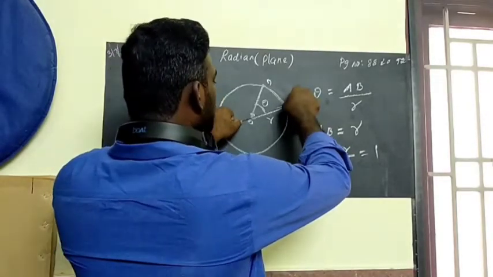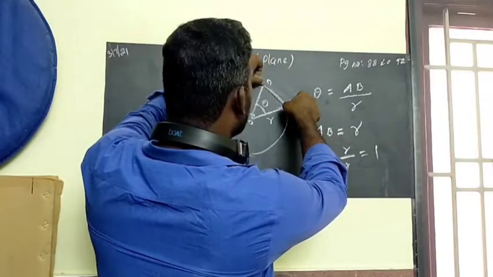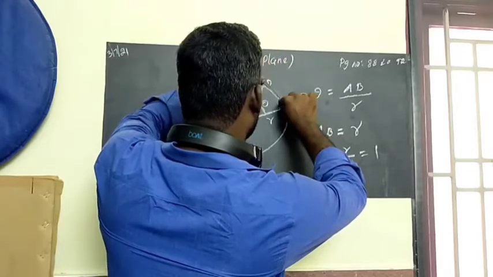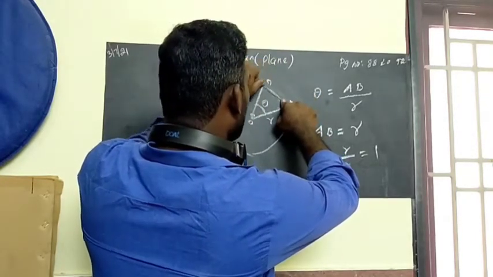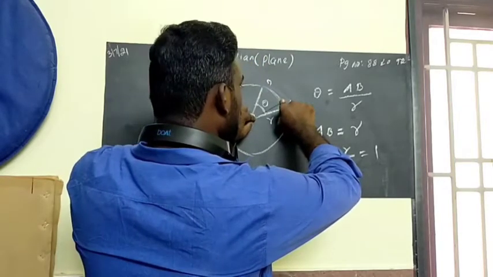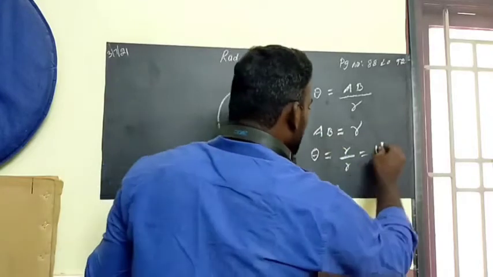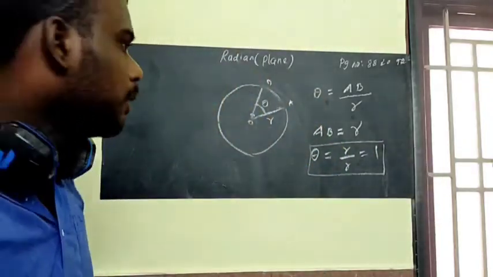I am going to displace my radius along the tangential point. If we adjust the thread like that along the arc length, you can see that the arc length will be equal to the radius of the circle. That will be equal to 1 radian. Is that clear?